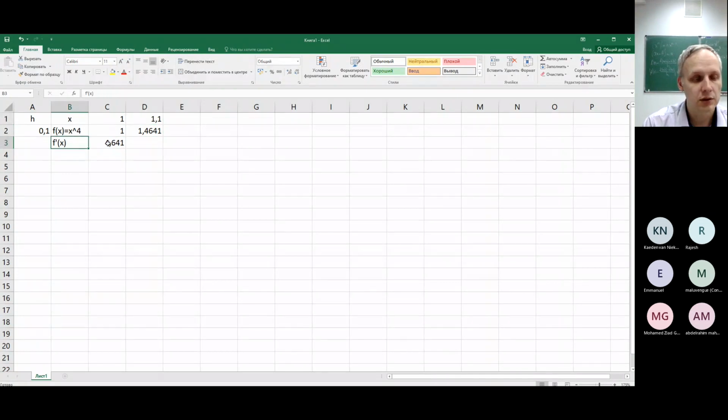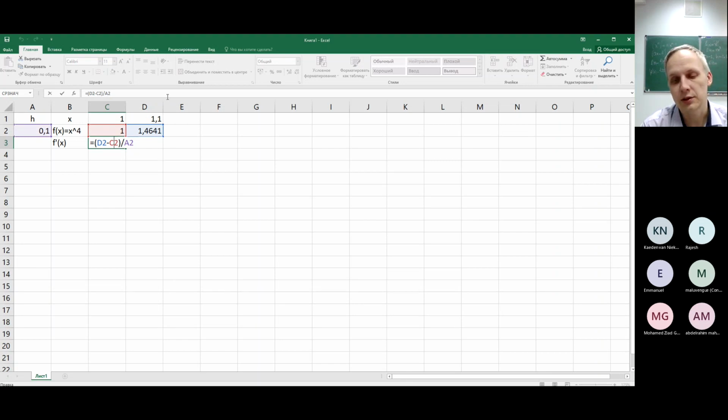And after that, I should apply the formula for numerical differentiation. This minus this over this. D2 minus C2 over A2.